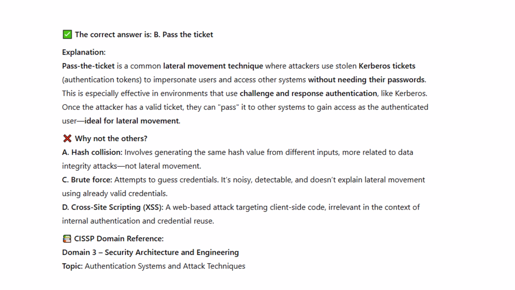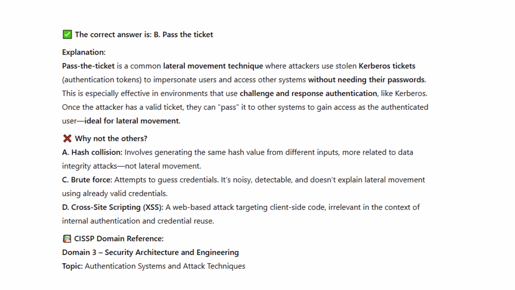The correct answer is B. Pass the ticket. Pass the ticket is a common lateral movement technique where attackers use stolen Kerberos tickets, that means authentication tokens, to impersonate users and access other systems without needing their passwords. This is especially effective in environments that use challenge and response authentication, like Kerberos.